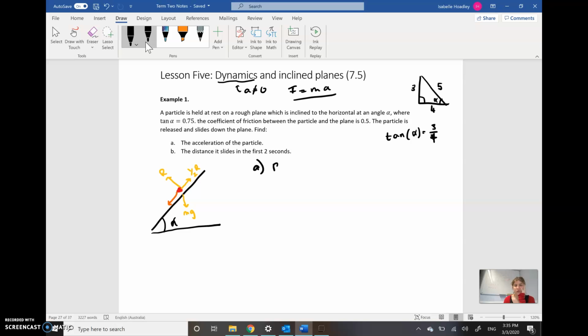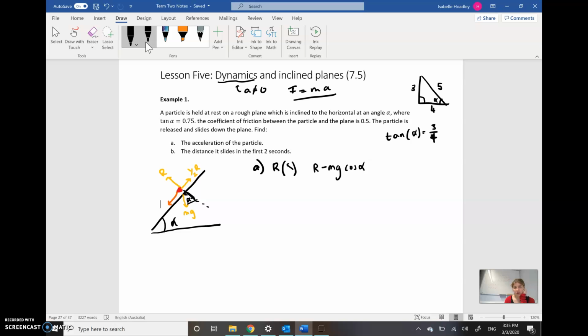If I'm resolving in a vertical direction, and this is in line with the plane, then I've got R, that's one of my vertical components, minus, because it's acting in the opposite direction, mg cos alpha. Remembering that, if that's your angle, that's alpha, and you're using cos to find the vertical part of that triangle.